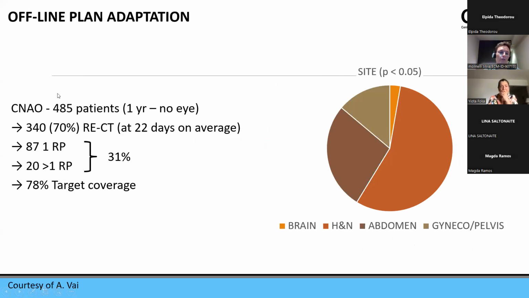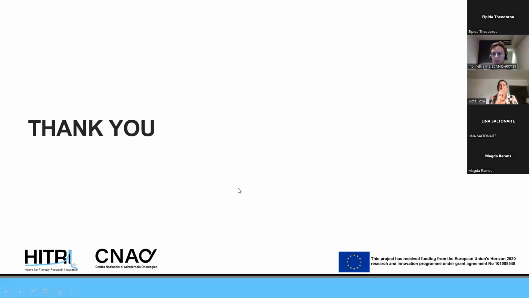We verified, for 485 patients treated in 1 year, the number of replans. The majority of the replans were for head and neck cases, but this is because the majority of our cases are head and neck cases, and then the rest was in the abdominal region. And these are the patients who are replanned more than once along the treatment course. And with this, I thank you.